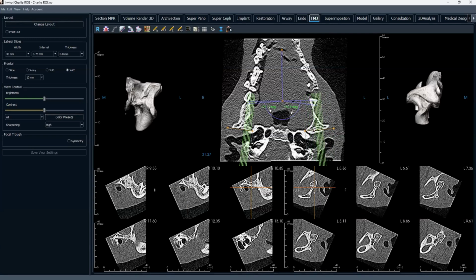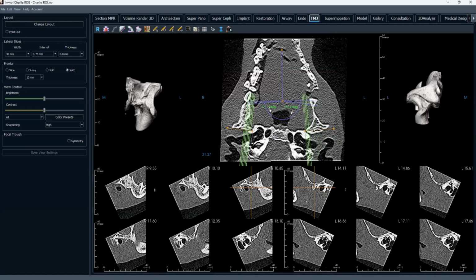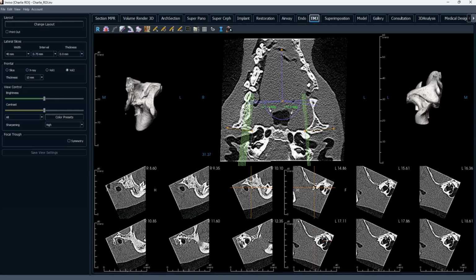Again, we don't know if there's fibrosis or any kind of soft tissue issue, but as far as the bony structures go, this TMJ should work. So if we alleviate the ankylosis, the fixation from the right side, we should be able to open up the left side. So that's basically the plan.